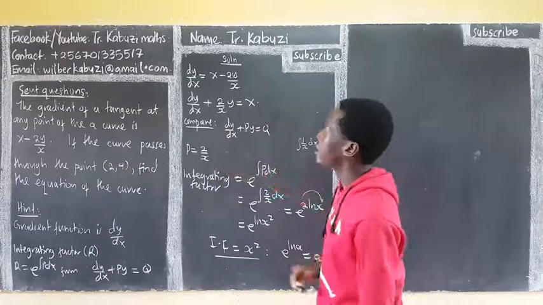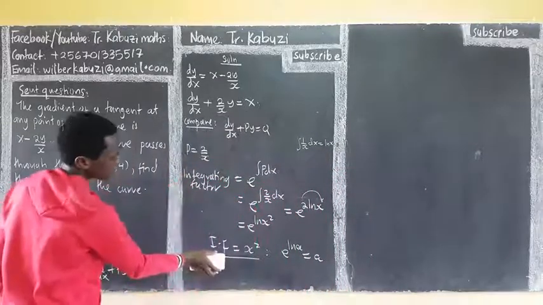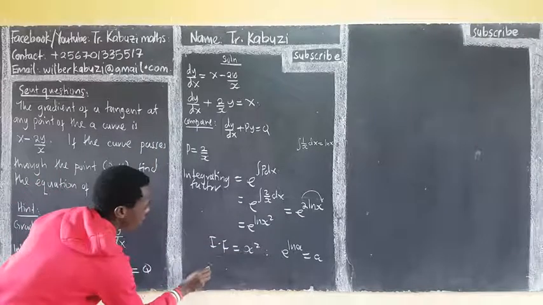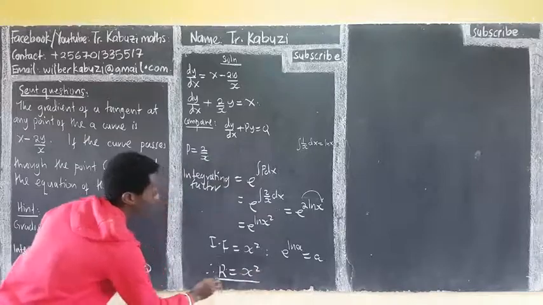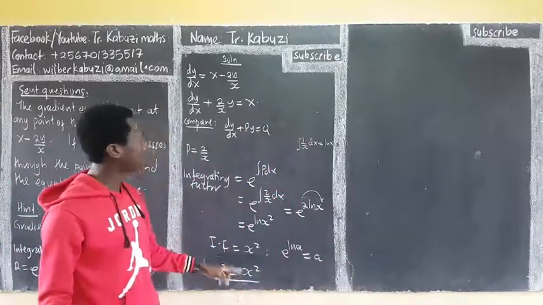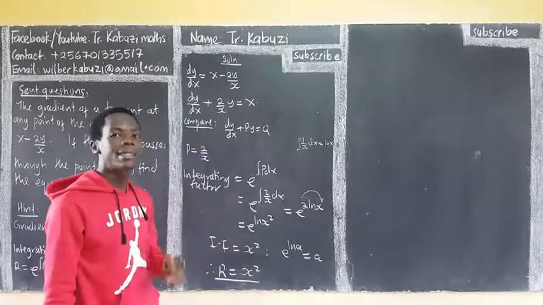Now after getting our integrating factor, let me call it r. Therefore my r is equal to x squared, the integrating factor. Now if you multiply it through this equation, we make it exact.